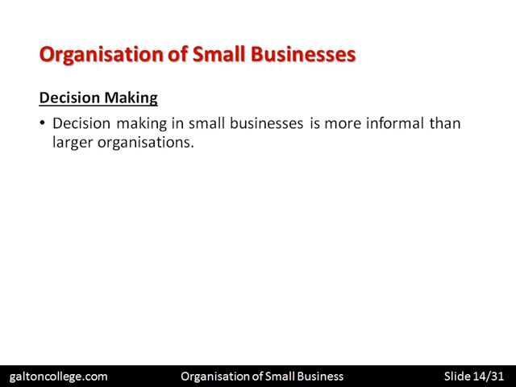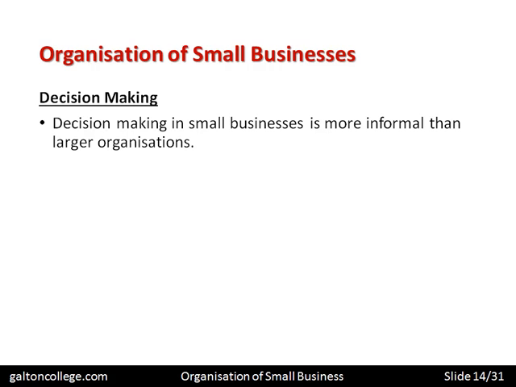Decision making. Well, decision making in small businesses is more informal than in large organizations. In large organizations, they tend to have meetings and minutes and proposals and perhaps even modeling and projects to work towards. They may have prototyping to see how some decisions would work in practice.